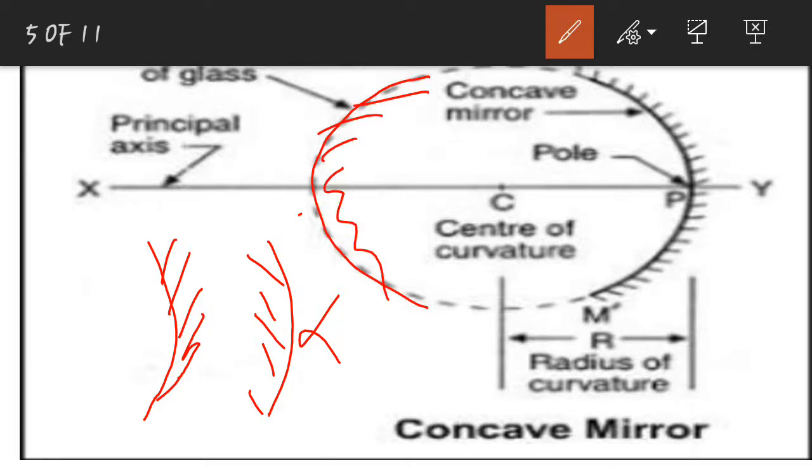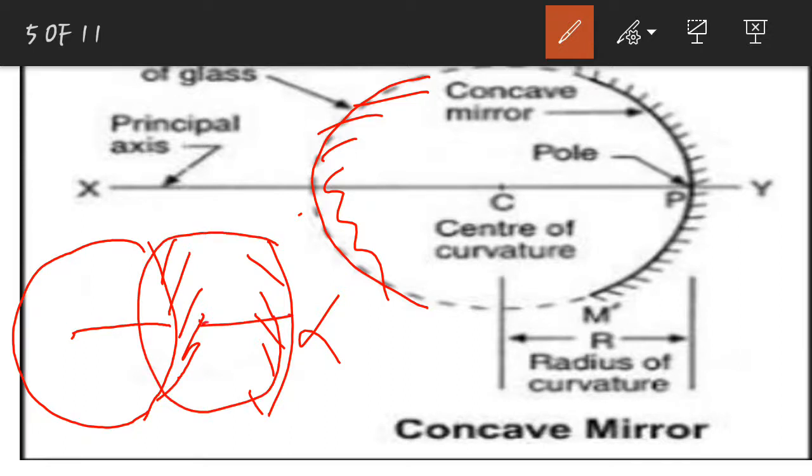Then only the center will be the same for the spheres. Here, if you see, this will have its own center, and this will have a different center. But here you have to use the same side.